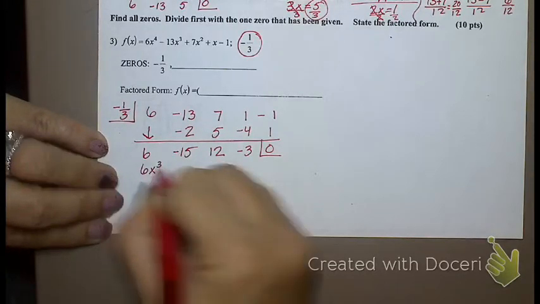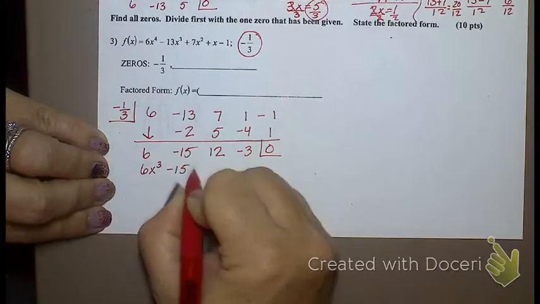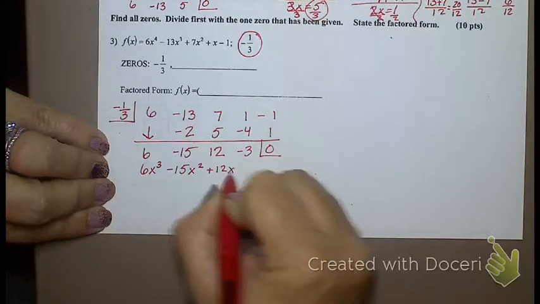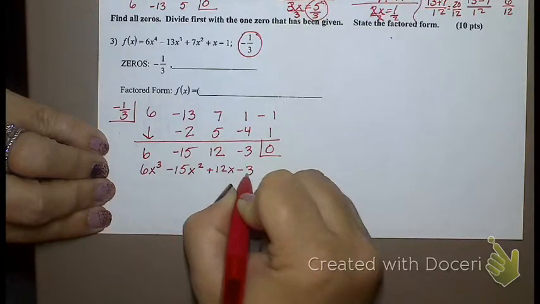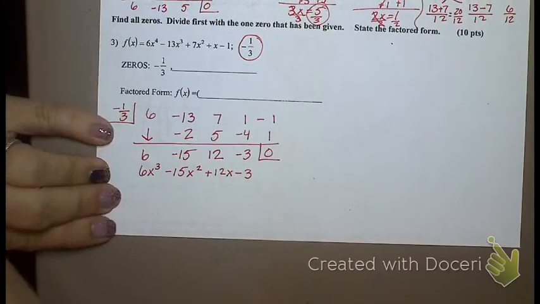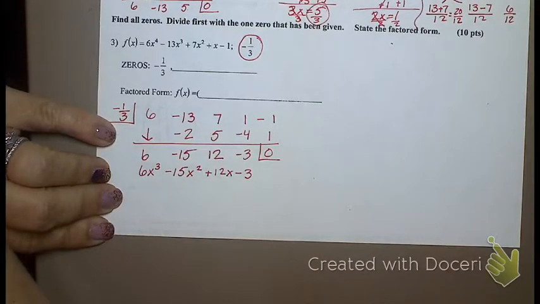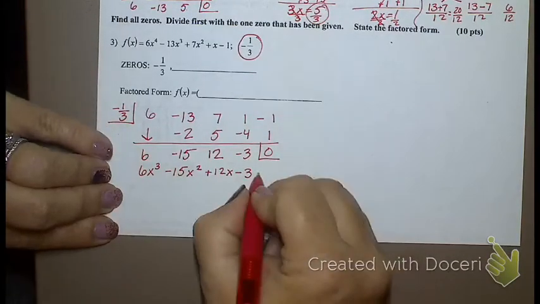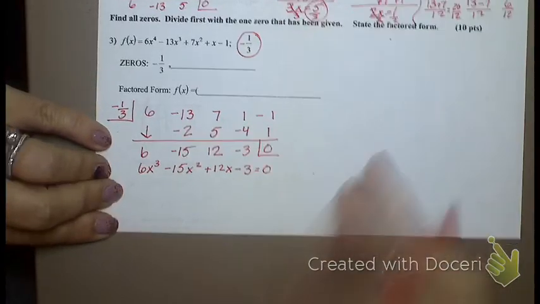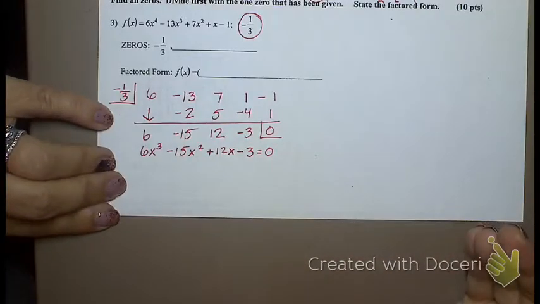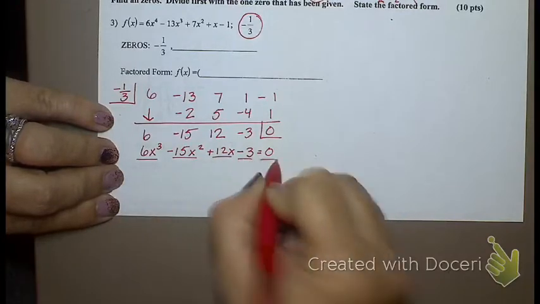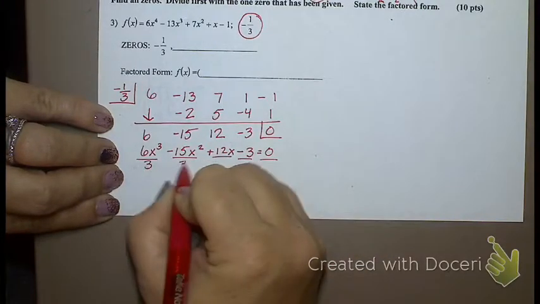So 6x to the 3rd minus 15x squared plus 12x minus 3. I could try factoring if I wanted to. What kind of factoring would that be? Grouping, right? If I don't want to try factoring, just because we've done factoring a lot of times, I'm going to keep going with the other process. I would personally divide everything by 3 to get my numbers smaller.